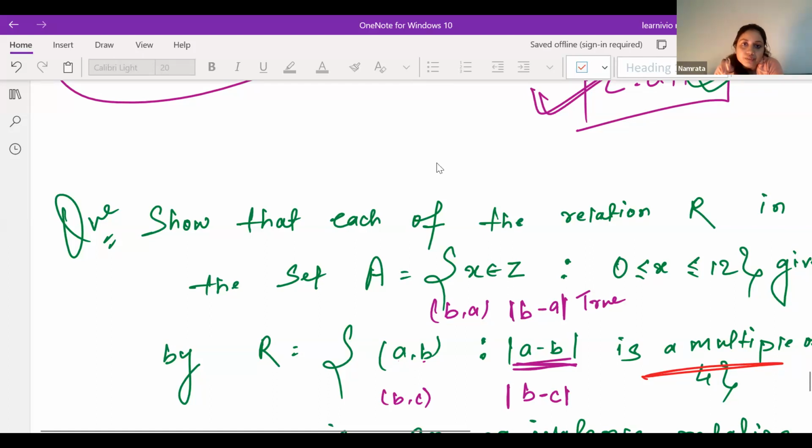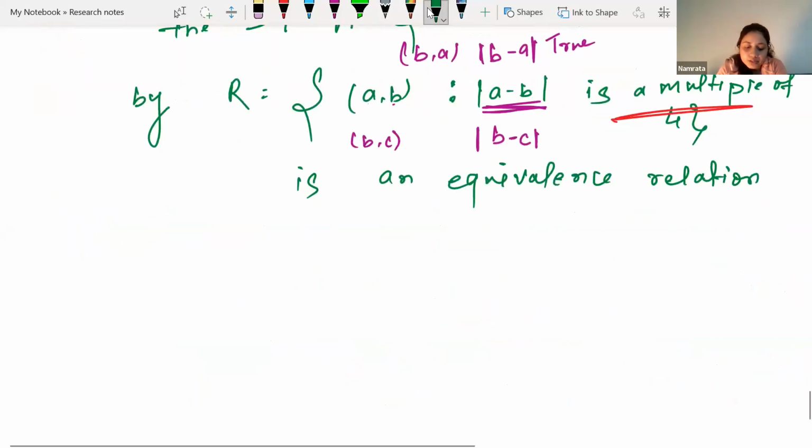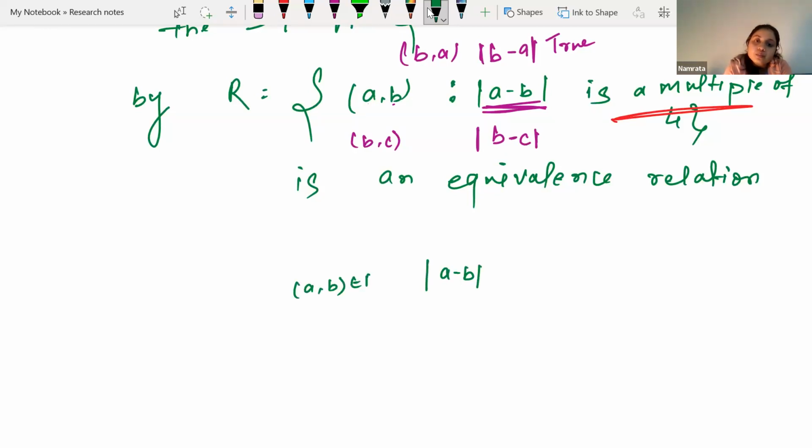Let's say we have modulus of a minus b, that is a comma b belongs to R. If I am saying it's a multiple of 4, we can take 4n. And b comma c also belongs to R, so modulus of b minus c is also a multiple of 4. Because we are saying this is true and the other one is true, we are checking whether a comma c is true or not.